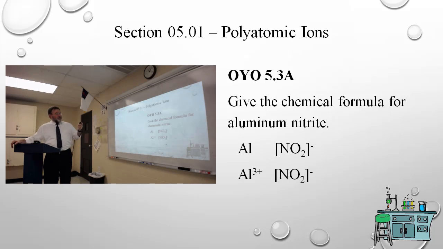So, this molecule, aluminum nitrite, is formed with the aluminum ion, which is a 3 positive, and the nitrite polyatomic ion, which is 1 negative. So what combination do I need here to have a neutral charge? What's the formula for this molecule? Go ahead, ma'am.